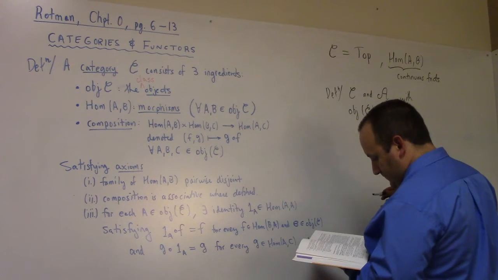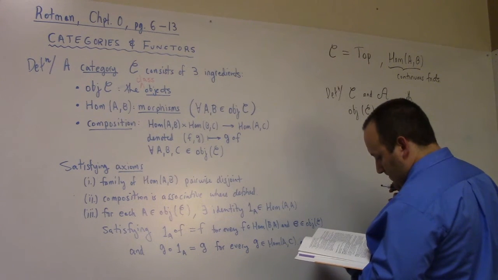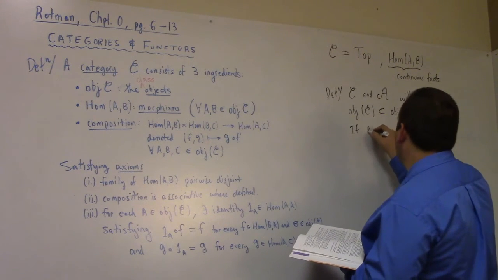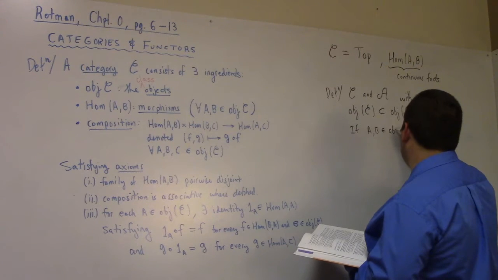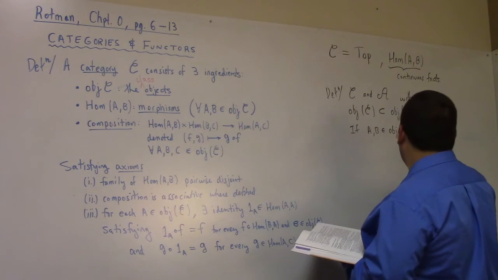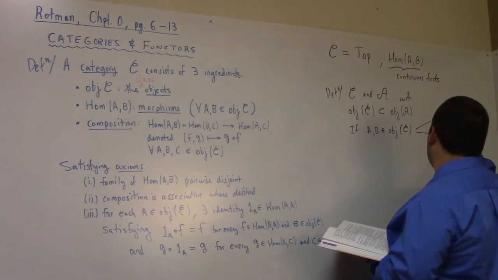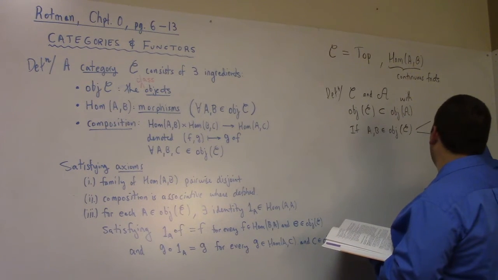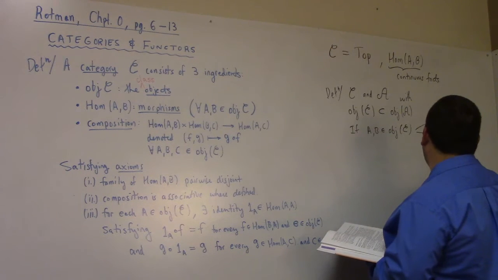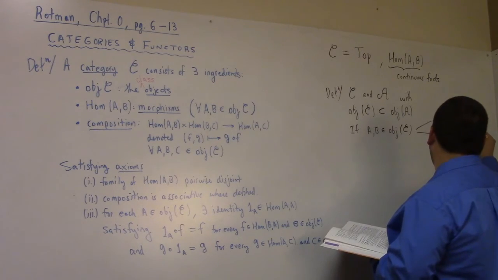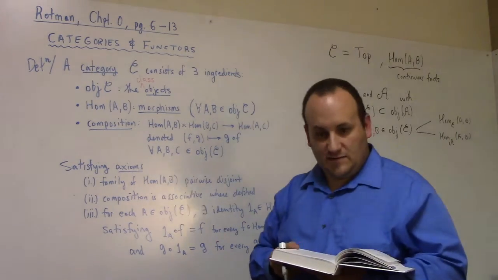And if A and B are objects of the category C, you have two different options at this point. You can talk about the morphisms relative to the first category, or you can talk about the morphisms relative to the larger category.